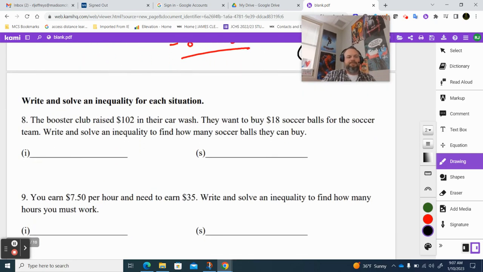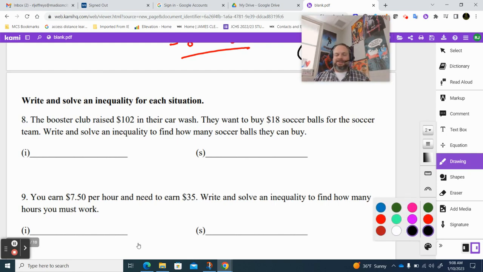It's weird. All right. So, believe it or not, all these problems are actually taken from Algebra 1 stuff we used to do. And we had a test where it had the I and the S, like you had to write the inequality and they do the solution. I had this really bright student one time that on the test, they wrote this.